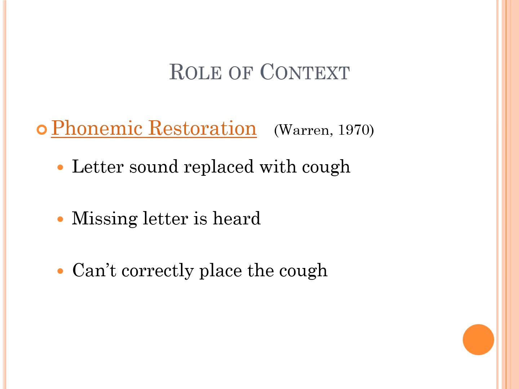But he replaced it with a cough, or at least that's what's sometimes said. I think it was more a broadband noise. Again, he likes to use those broadband noises, but a cough would be similar to a broadband noise. If that missing letter is replaced with a cough, the missing letter is heard, and people cannot correctly place where the cough occurred.